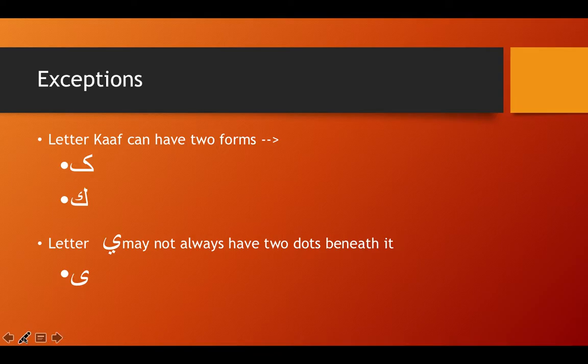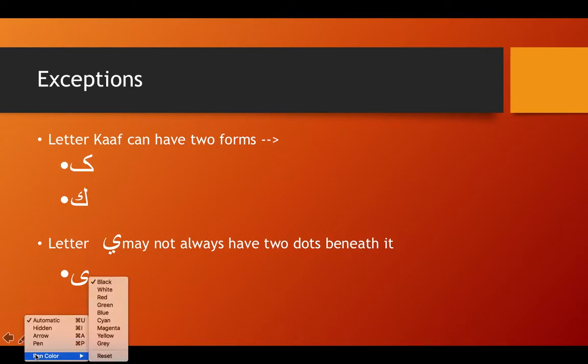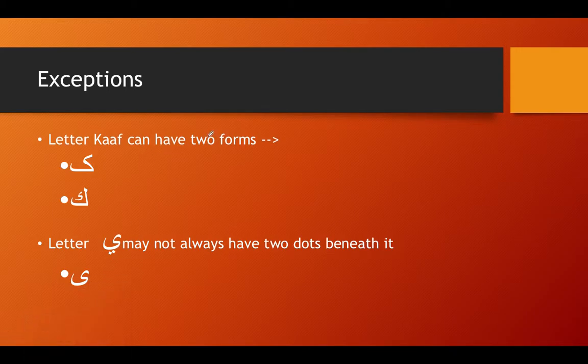Now, we're going to get into some exceptions, because when you look at the Arabic writing in the Quran, you'll notice that some of the letters can be written really differently. They can be written in different forms. If I show you that over here, letter Kaf is pretty much this letter here, and this letter. So it can have two forms. As I showed you, this is the alphabetical form, the letter form that's written in the alphabet.